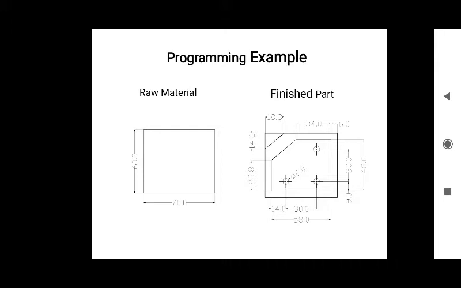But if you observe the finished product, we are supposed to do two operations. The first one is the milling operation, and the other one is the drilling operation. For this we are using a 12 mm diameter end mill cutter for the milling operation, and for the drilling operation we are using a 6 mm diameter drill bit.